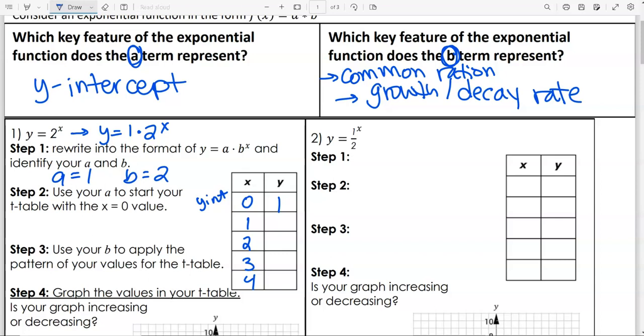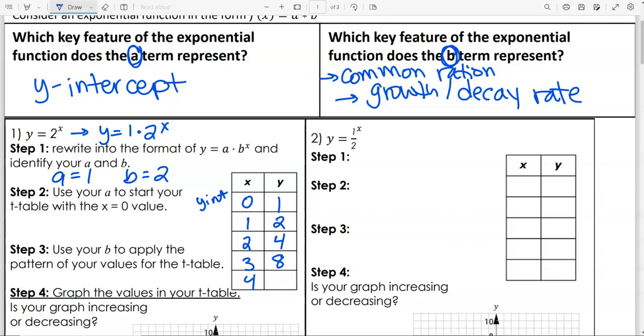So this represents an exponent of 1. What is 2 to the power of 1? 2. If x equals 2, that's 2 raised to the power of 2, which is 4. If my x is 3, that's 2 raised to the power of 3, which is 2 times 2 times 2, which is 8.